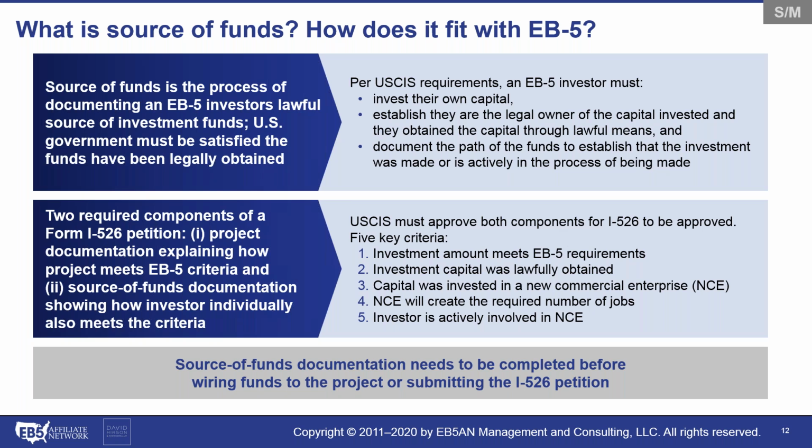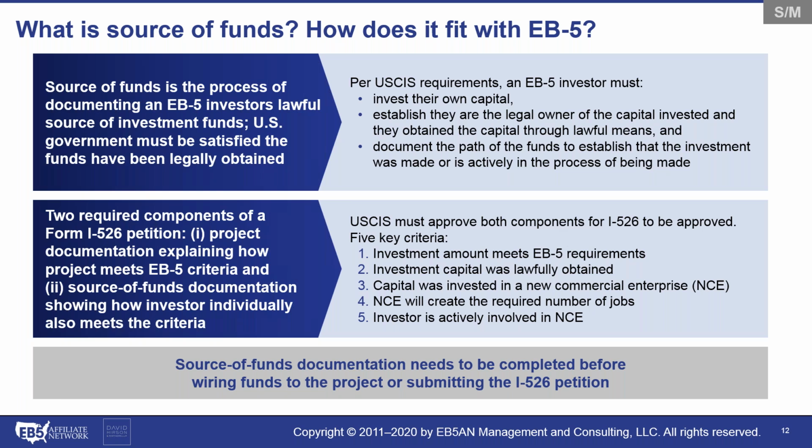When you think about an EB-5 petition, there are two key parts to that petition. The first part is about the project itself. In EB-5, you're making an investment in an NCE, a new commercial enterprise, that's going to deploy the money, and it needs to create 10 jobs through the JCE. So that's step one of the petition.